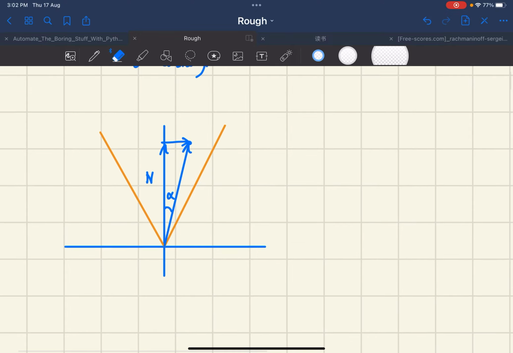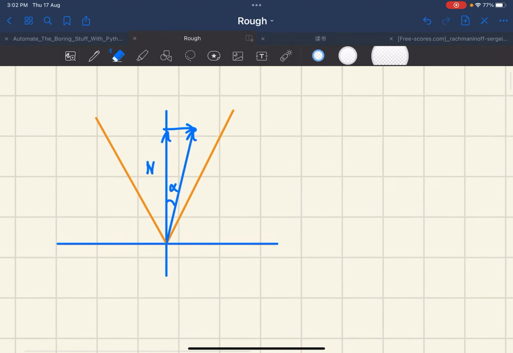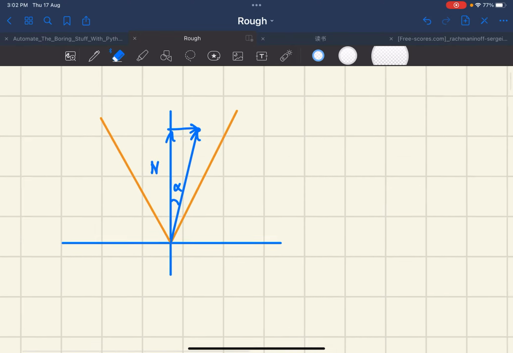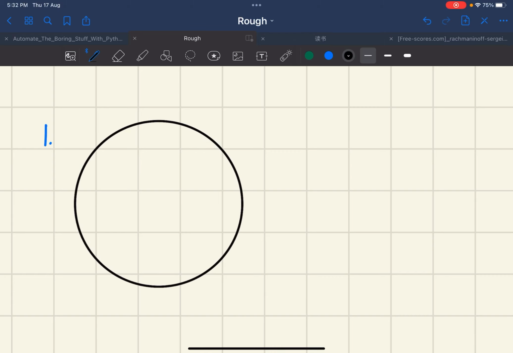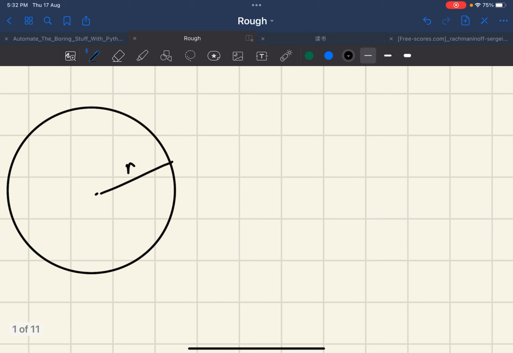Let's illustrate this visual way with a problem. A car moves on a circular track of radius r. So the track is banked at an angle of θ. So here's the track.